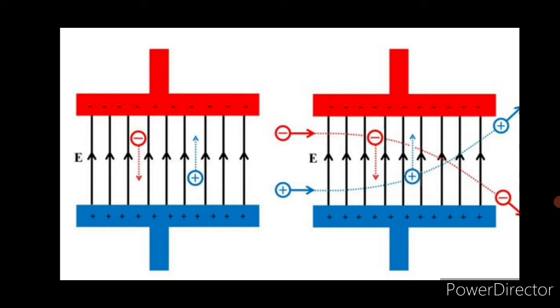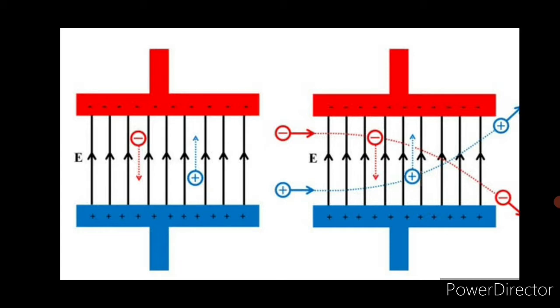Now suppose we take the field arrow to be along the y-axis and the projection direction along the x-axis. You can see that the positive charge takes the path of a parabola. That means it is influenced by the electric field.